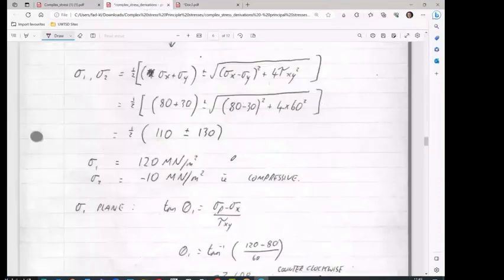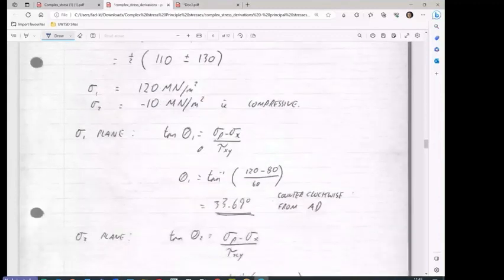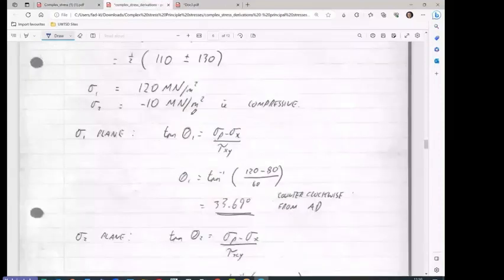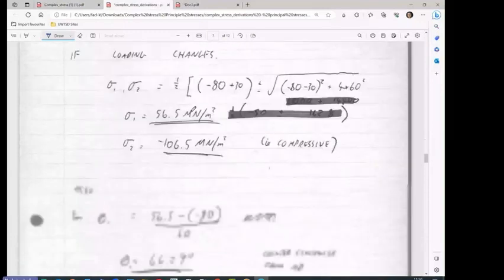So what I want you to do now, so that's where those come from. The rest of the question asks: what would be the effect on these results if, owing to a change of loading, A becomes compressive whilst B and C remain unchanged? I want you to have a go at those. The solutions are there for you to try.